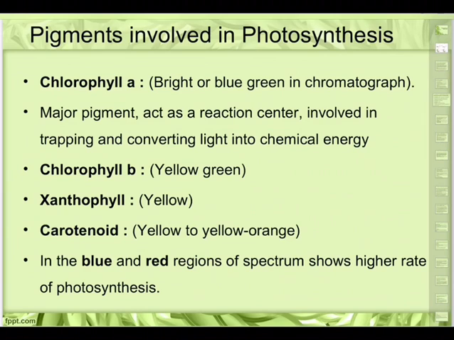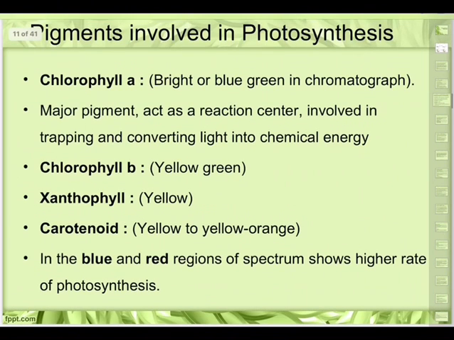Sunlight or solar radiation reaching the earth has wavelengths between 300 nanometers in the ultraviolet range to 2600 nanometers in the infrared range. The part of the spectrum used in photosynthesis has a wavelength between 400 to 700 nanometers. You must remember this range for your UPSC exam: 400 to 700 nanometers.